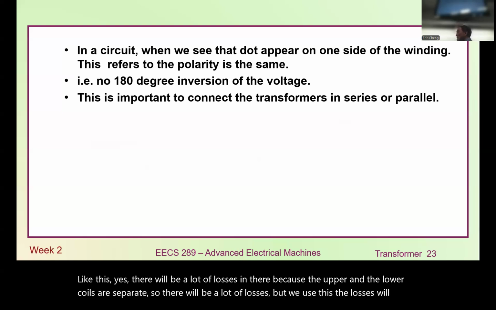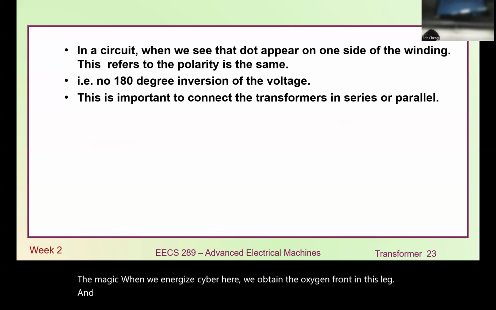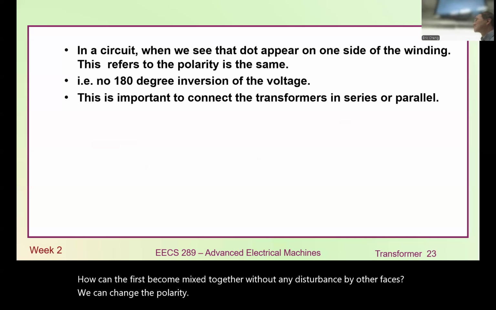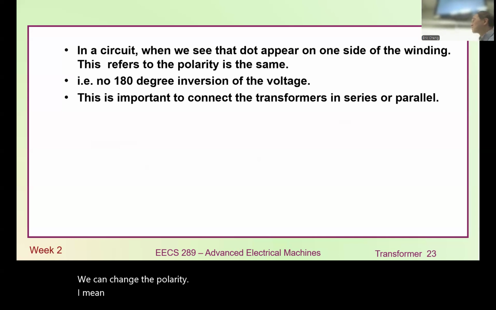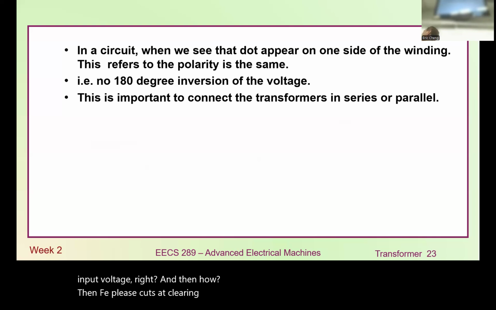My question is, when we energize sideways here, we obtain sinusoidal flux in this leg and also this leg and this leg. How can the flux become mixed together without any disturbance by other phases? Can change the polarity. I mean, the magnetic fluxes are determined by the driving force, by the input current or input voltage, right? And then how do the three phase fluxes appear here, how do they mix together?